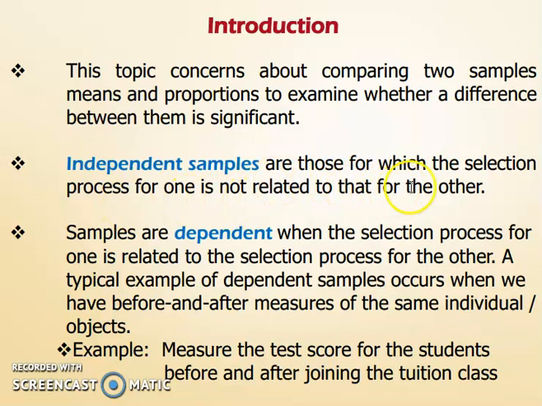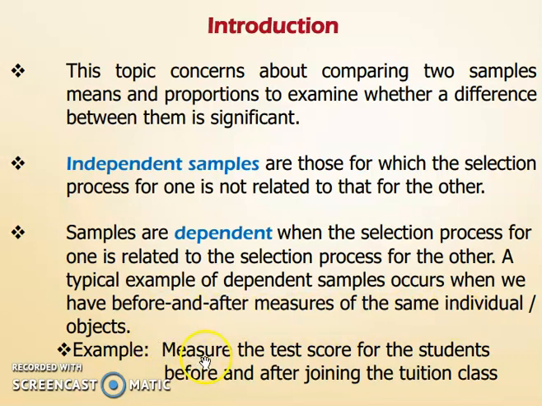Independent samples are those for which the selection process for one is not related to that for the other, and samples are dependent when the selection process for one is related to the selection process for the other. An example of dependent samples is when we have before and after measures of the same individual or object.